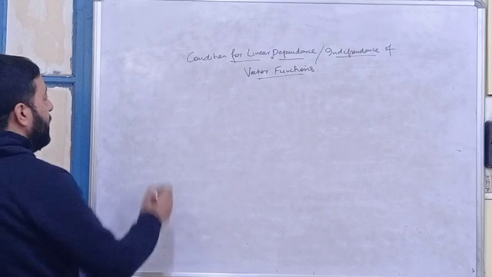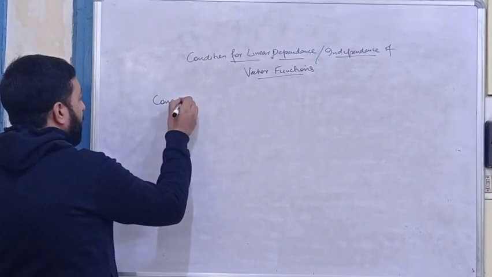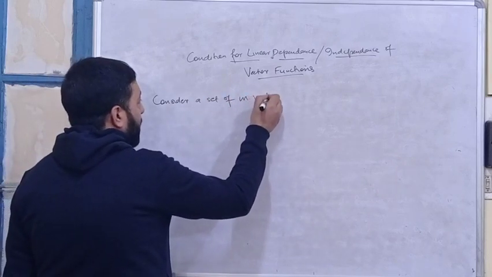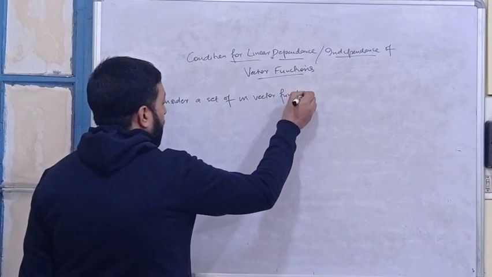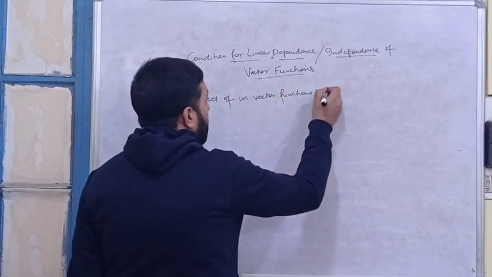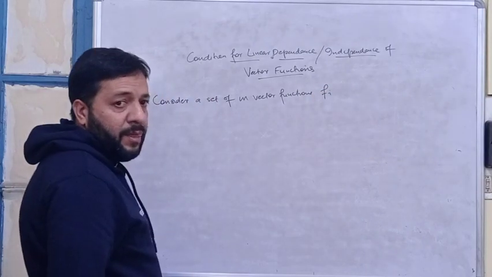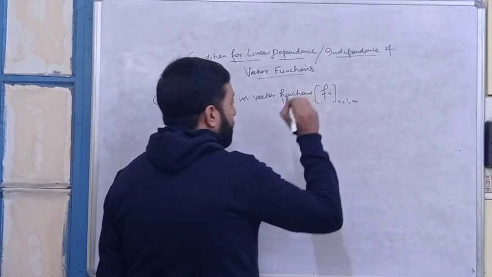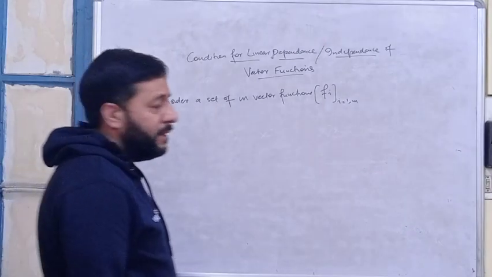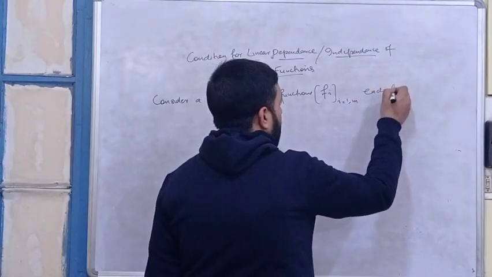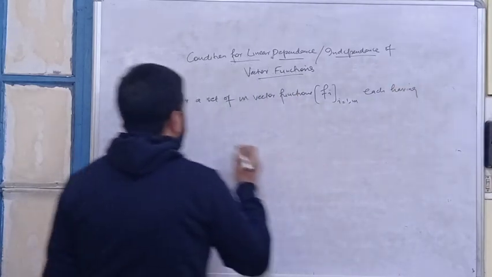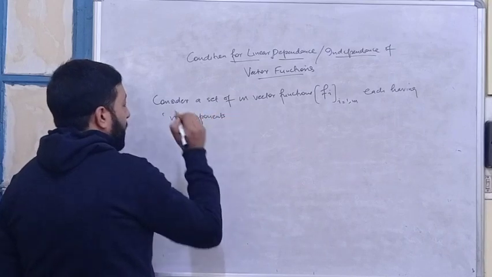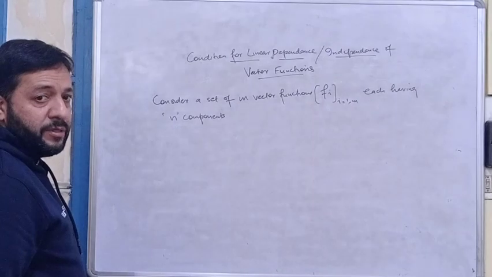Consider a set of m vector functions, we call them fi, as we took xi earlier, with i running from 1 to m, each having n components.